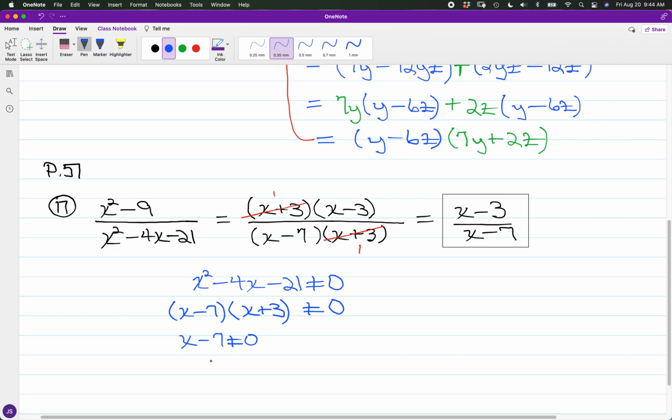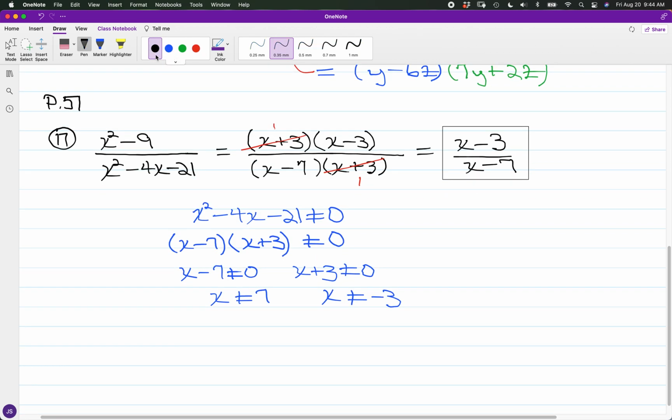And if x minus 7 cannot be 0, then x cannot be equal to 7. Now if we look at x plus 3, if this cannot be 0, then x cannot be negative 3. In the case of the restricted values, it does not matter what order you place them. You can say negative 3 and 7 are restricted, or you can place them in the order that you see them.